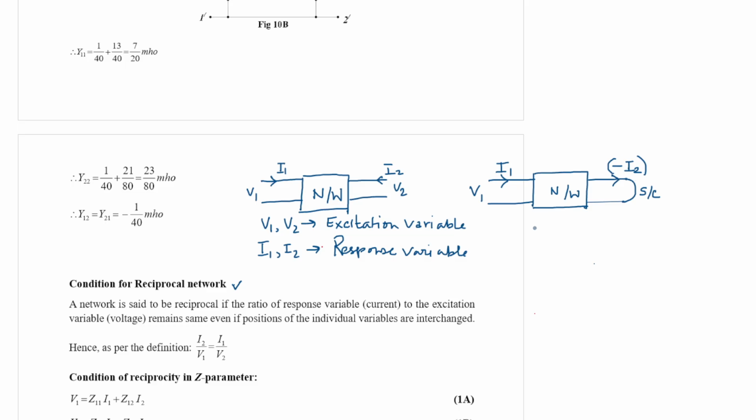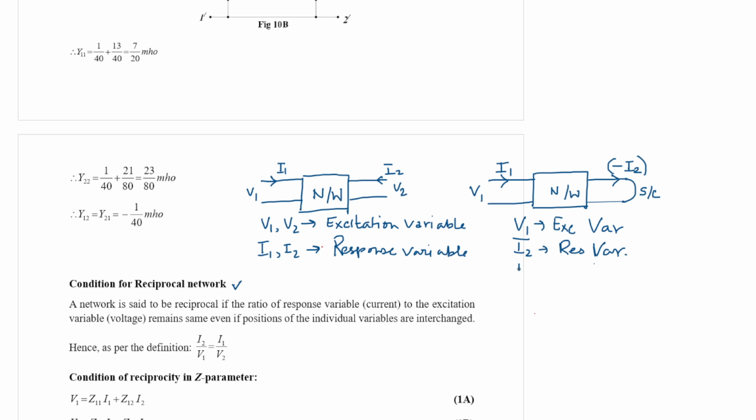So in this case we consider V1 as our excitation variable and I2, or rather minus I2, as our response variable.